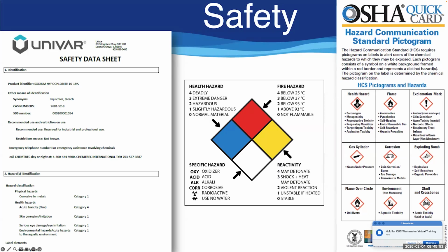The safety square is going to basically list health hazard, fire hazard, reactivity, and a specific hazard. So is something an oxidizer? Is it radioactive? Is it corrosive? And within the other factors on a scale. Being able to sort of look at those and realize that, hey, this is a deadly chemical that might detonate is really useful. You don't want to be making unwise decisions because you didn't read.